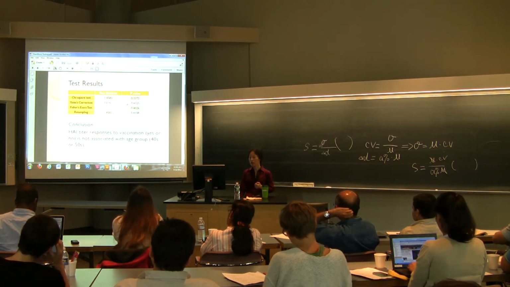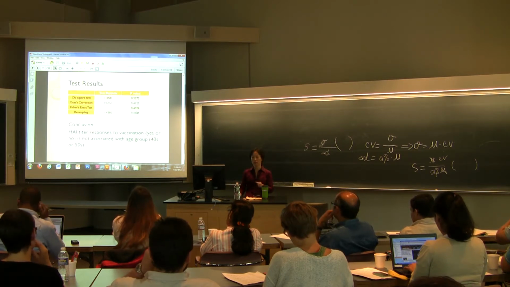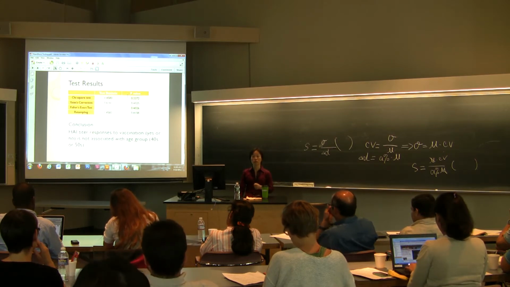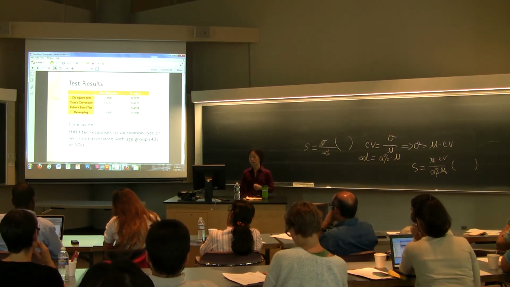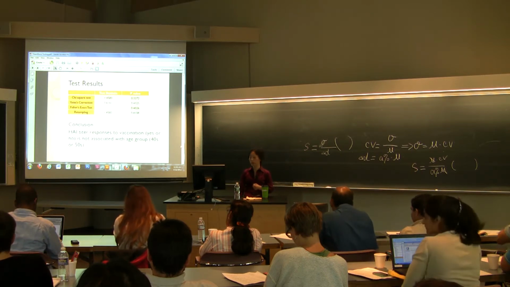So you can see the last three are very close, quite consistent, but not the first one. The reason is that the cell frequency is very small. The conclusion is that HI titer response to vaccination is not associated with the age group.